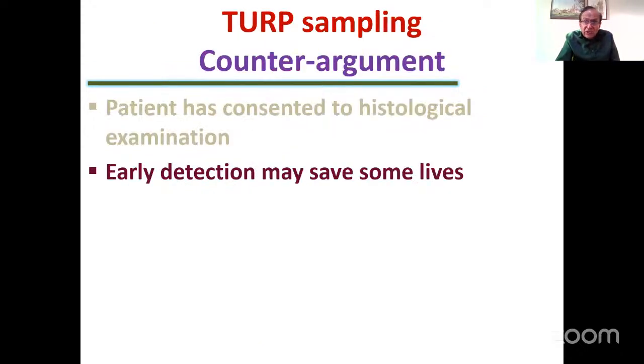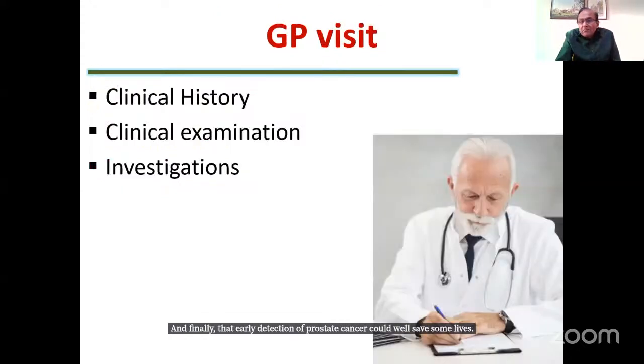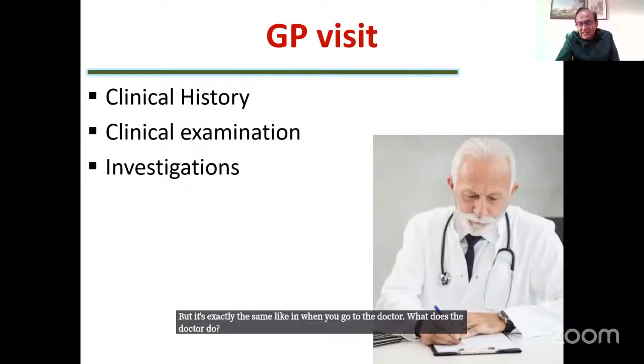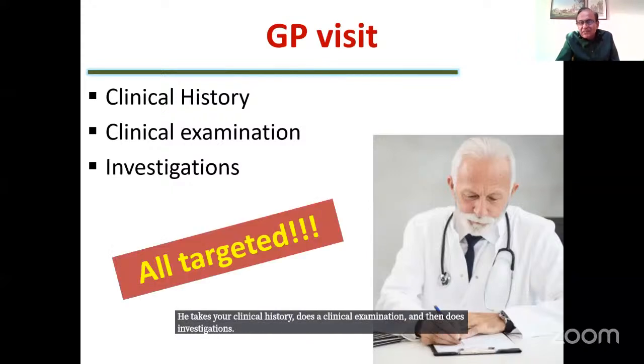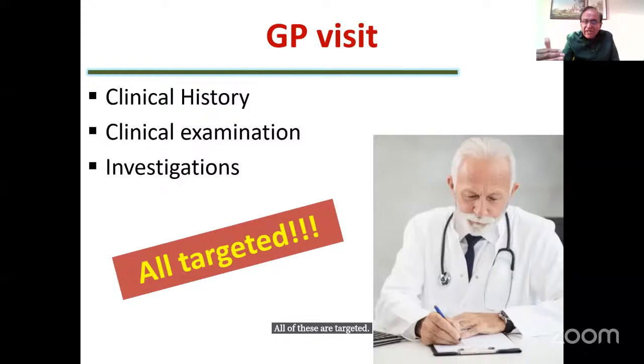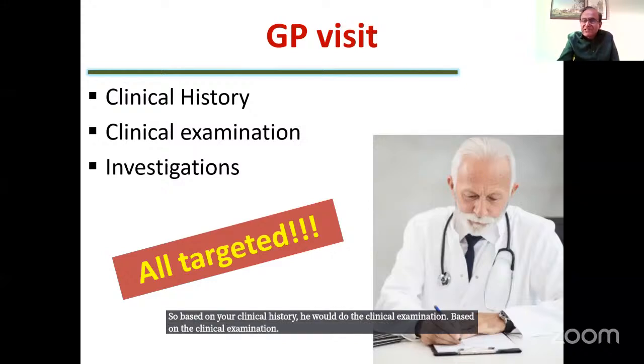Entirely, early detection of prostate cancer could well save some lives. But it's exactly the same as when you go to the doctor. What does the doctor do? He takes your clinical history, does a clinical examination, and then does investigations. All of these are targeted. Based on your clinical history, he would do the clinical examination. Based on the clinical examination findings, he will ask for the investigations.